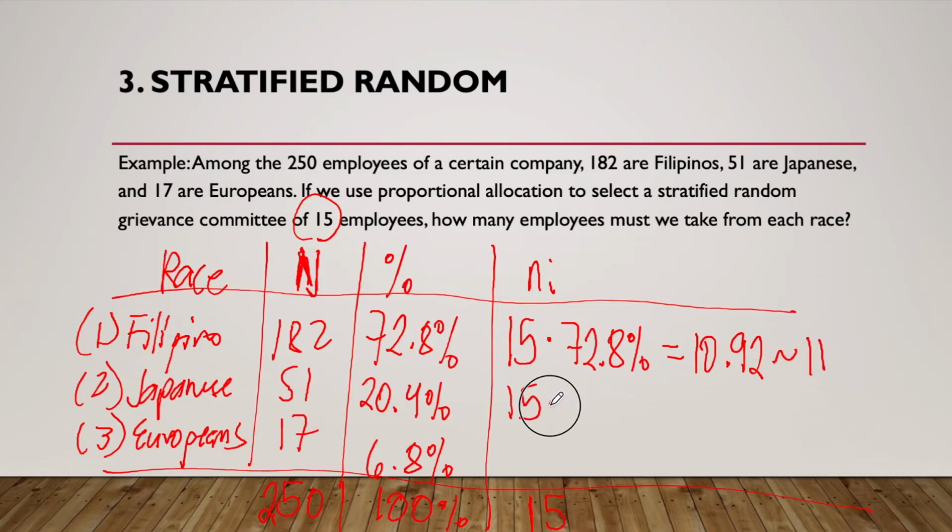Then we multiply 15 by 20.4%. So 15 times 0.204 is going to give us 3.06, which is rounded to 3.